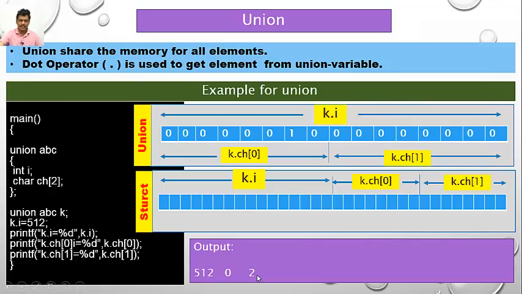So basically a union variable is used to share memory, to restrict the usage of memory, and to increase the speed of the computer. If we declare 3 elements in a union, or 2 elements, they share memory, but we use only 1 element.